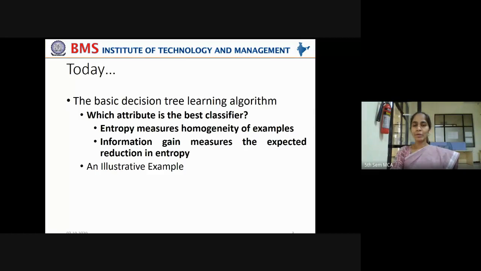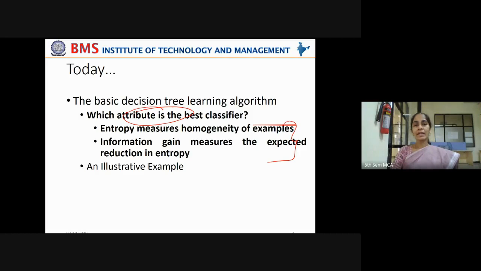Which attribute is the best classifier? Entropy measures the homogeneity of examples, and another topic, information gain, measures the expected reduction in entropy. How does it measure the expected reduction in entropy? By covering these two concepts, we'll understand which attribute can be selected as the best classifier.